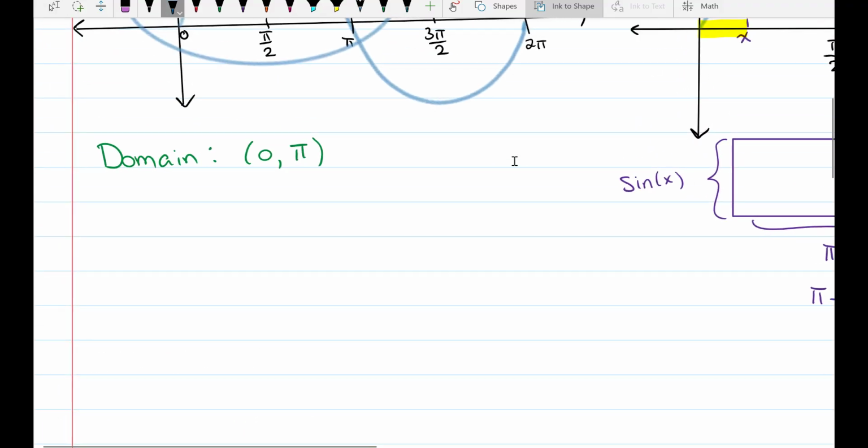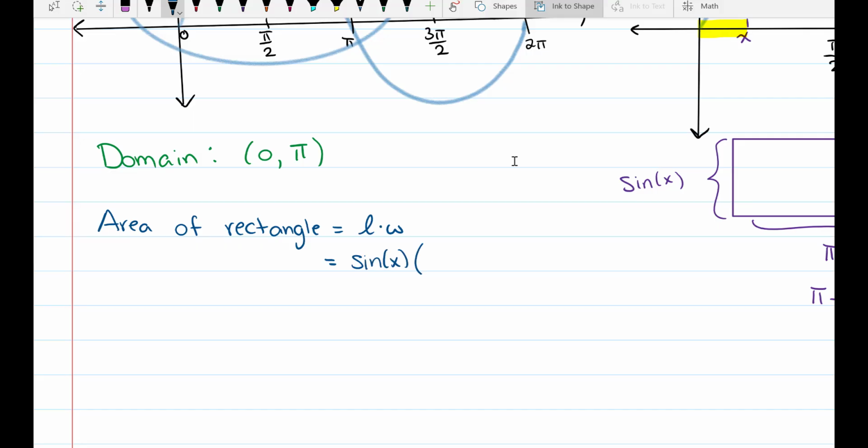So now let's talk about the area of a rectangle. We know that the area of a rectangle is equal to length times width, where in our case, our length is sine of x, and our width is pi minus 2x.